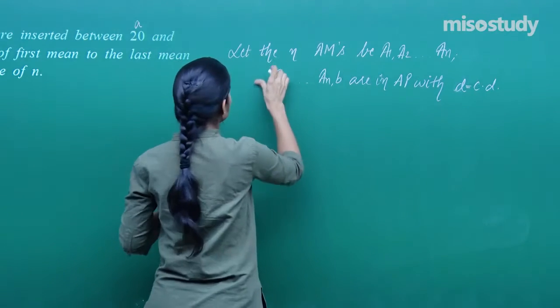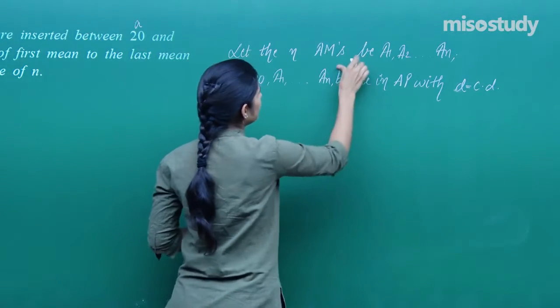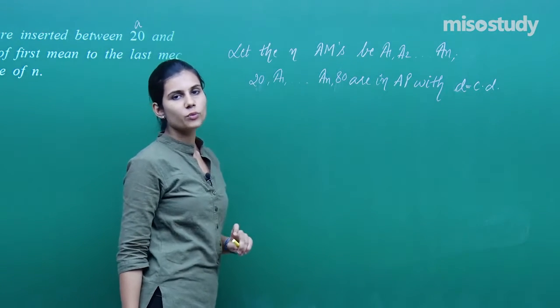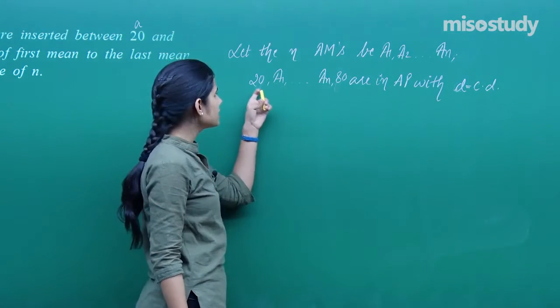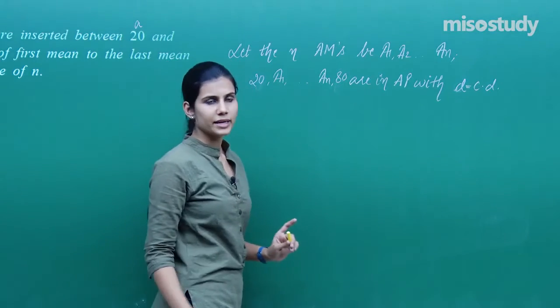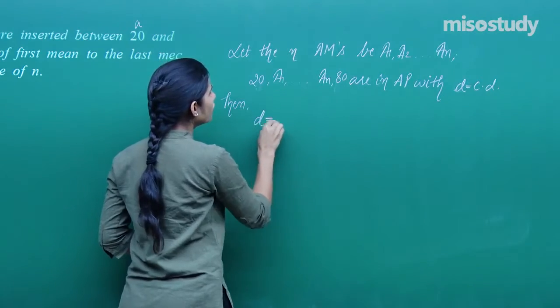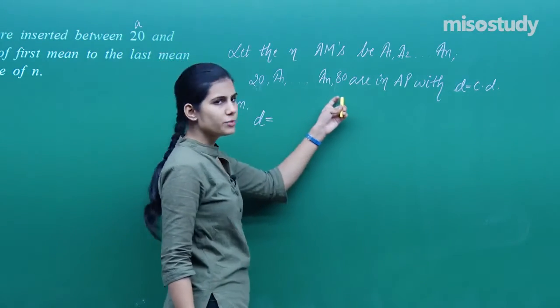A I have taken as 20 and B is given to me as 80. This is a sequence which is an arithmetic progression. First term is 20, common difference is denoted by D.